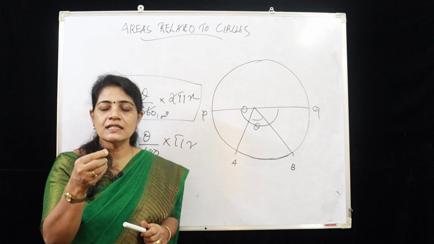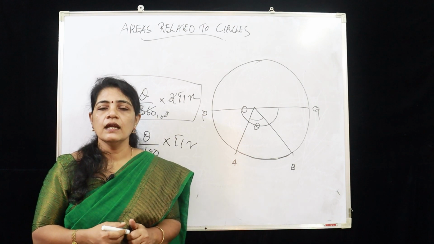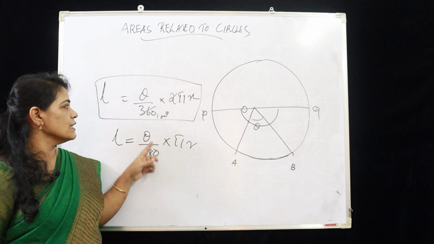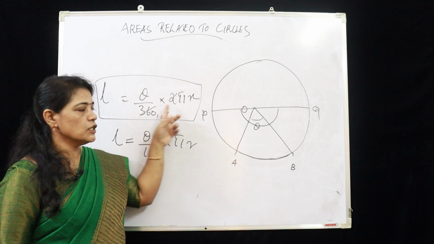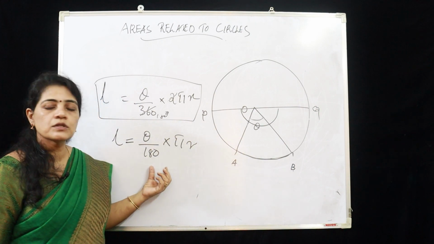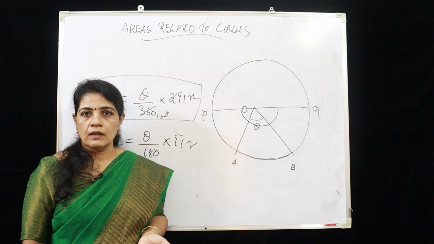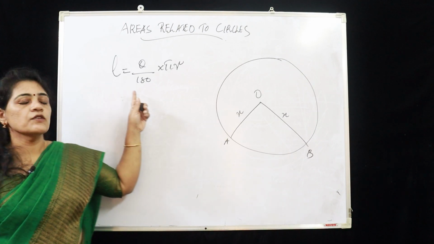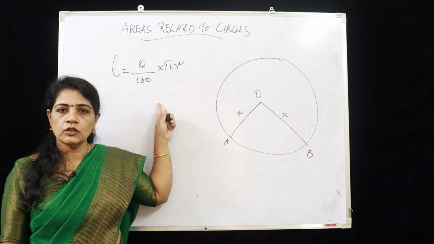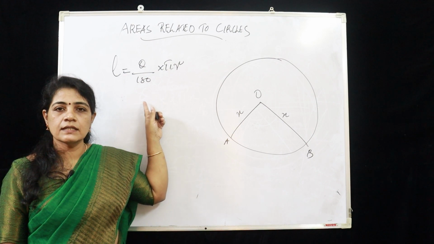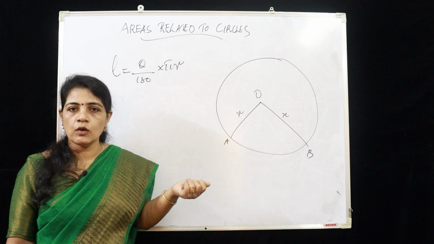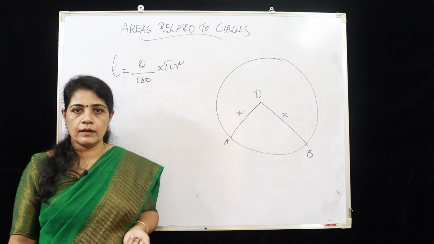If theta is less than 180 degrees, you can use this formula, either theta by 360 into 2 pi r or the reduced form, theta by 180 into pi r. So this is the formula to calculate the arc length of a circle, theta by 180 into pi r or theta by 360 into 2 pi r.